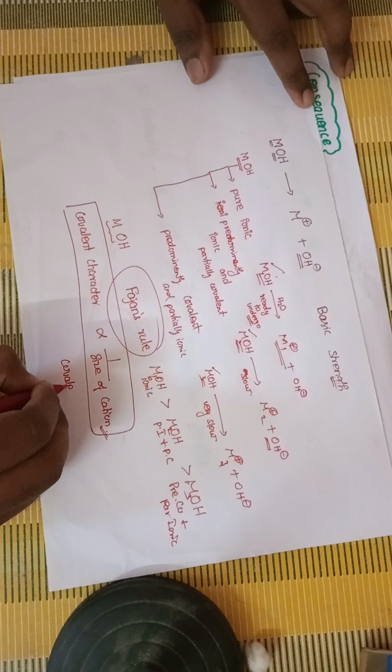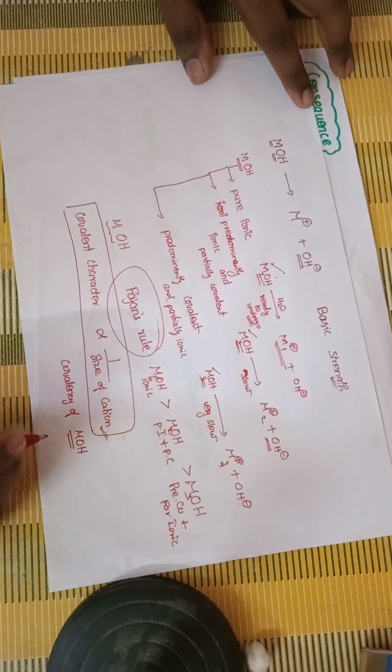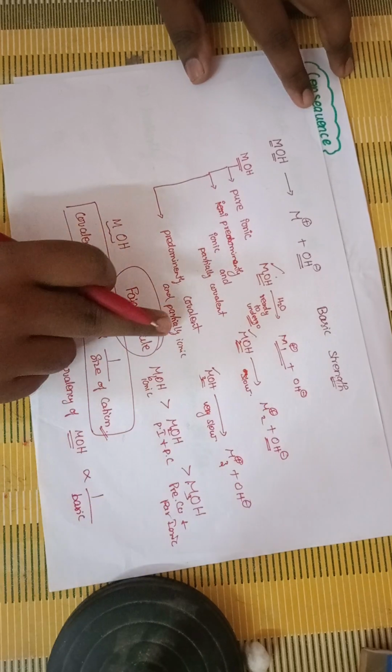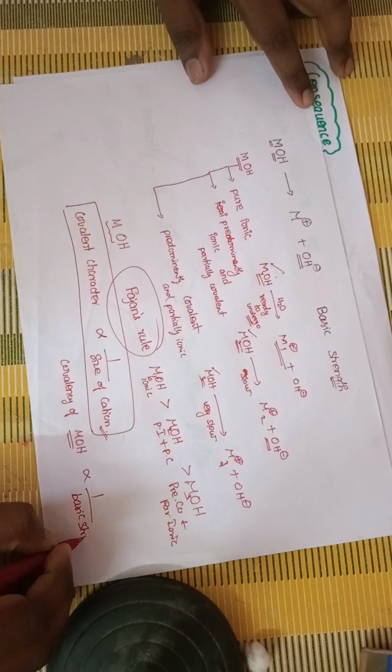If the covalency of MOH increases, base strength decreases, because here it becomes predominantly covalent, so it is less basic. Basic strength decreases.